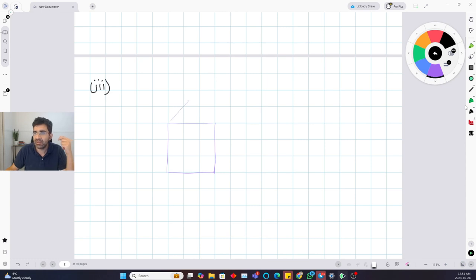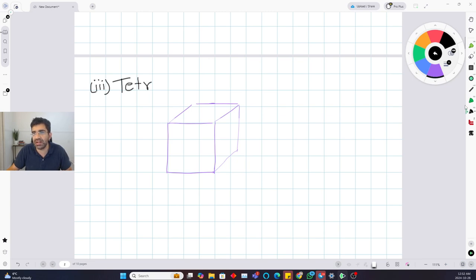Cube, as you already know, you know how to draw. Once you have a cube, you start filling it with details. Now the shape we are drawing, as I said, I didn't write the shape here, but we are going to draw the tetrahexahedron.